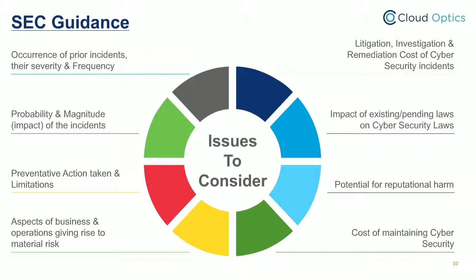The second is the impact of existing and pending laws on cybersecurity. For example, GDPR is a good example, or maybe some other laws which are pending at that point in time. Now GDPR is definitely in effect, but earlier, when it was being considered, the guidance would consider those issues while disclosing material information because of this new change in law.